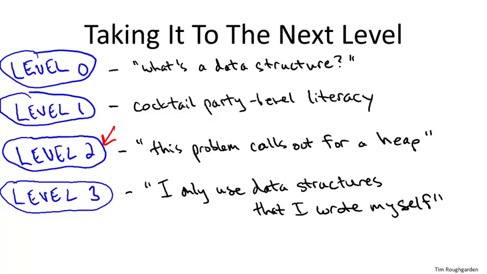So with this in mind, I'm going to focus my teaching on taking you up to level 2. My discussion is going to focus on the operations supported by various data structures and some of the canonical applications. Through this, I hope I'll develop your intuition for what kinds of data structures are suitable for what kinds of tasks. Time permitting, however, I'll also include some optional material for those of you wanting to take it to the next level and learn some about the guts of these data structures, the canonical implementations of how you'd code them up.